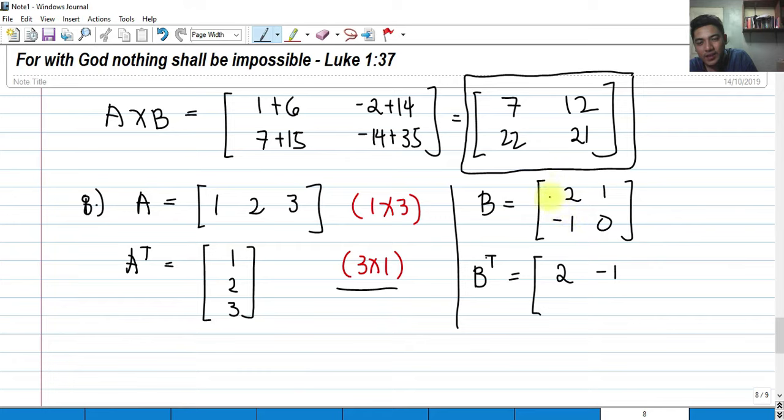Here it is. This column became rows, 2, -1, and this column 1, 0 will become rows. So this is the transpose of our matrix.